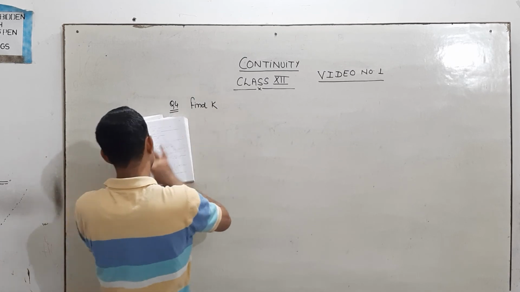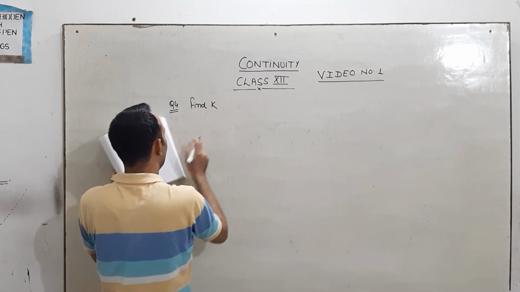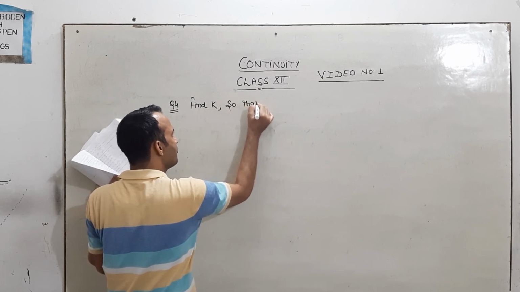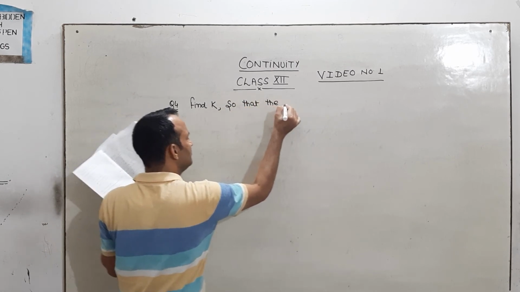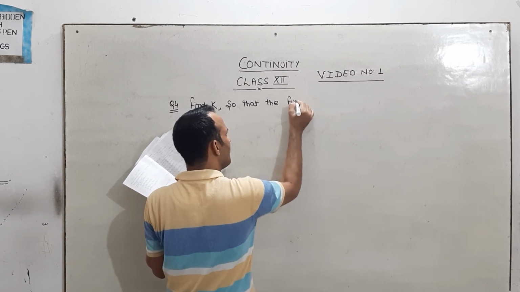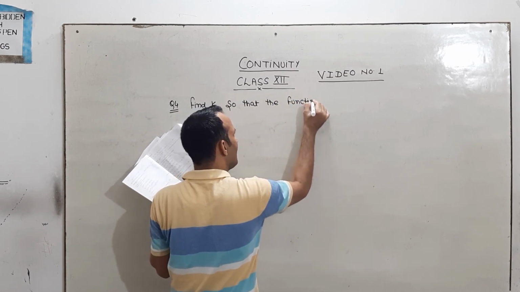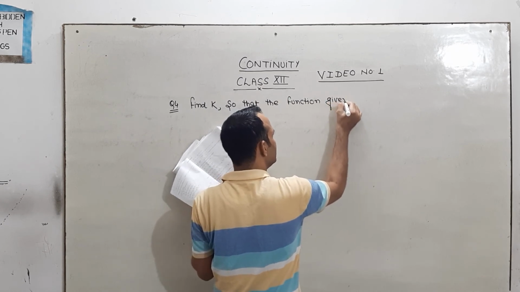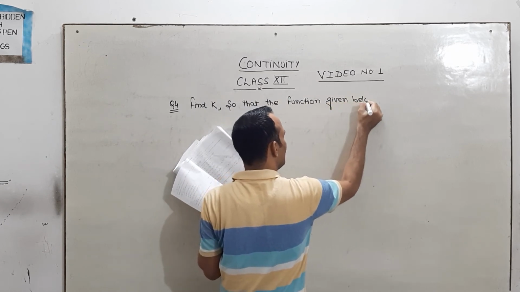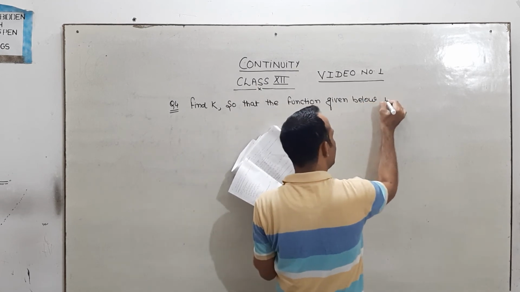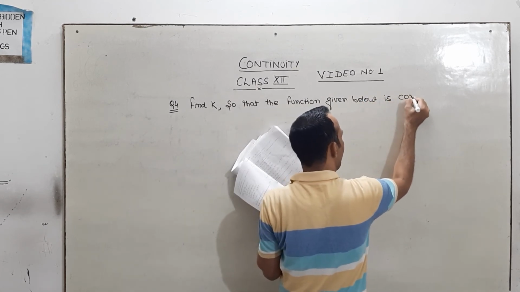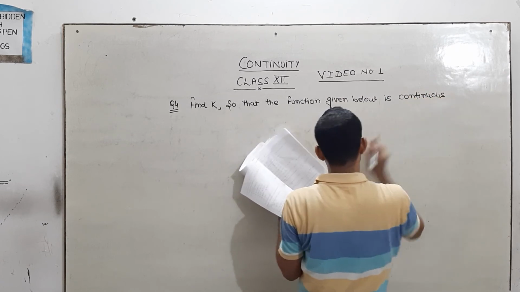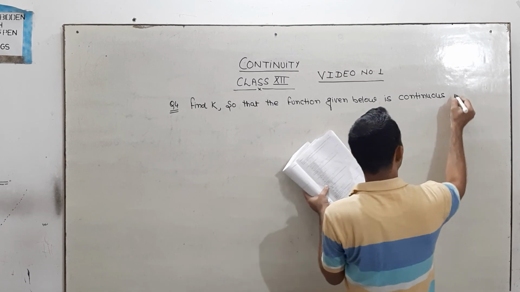Show that the function given below is continuous at x is equal to 0.